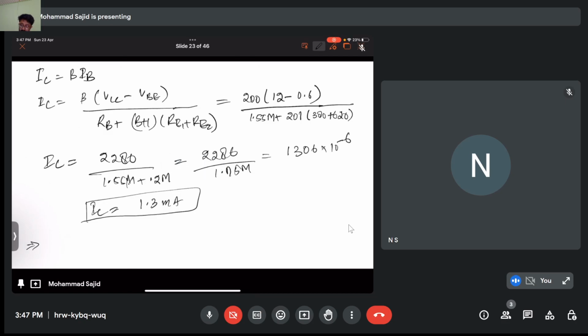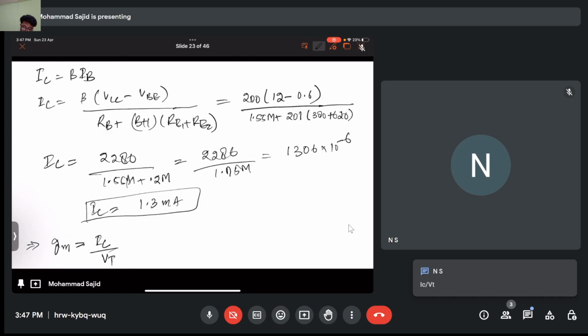Now, do you know the definition of gm, r pi, and r naught? How do you calculate gm of the BJT? We have seen those definitions in the first session. So gm is calculated using this formula, IC by VT. It will be 1.3 milli divided by 26 milli, where VT is the thermal equivalent voltage.